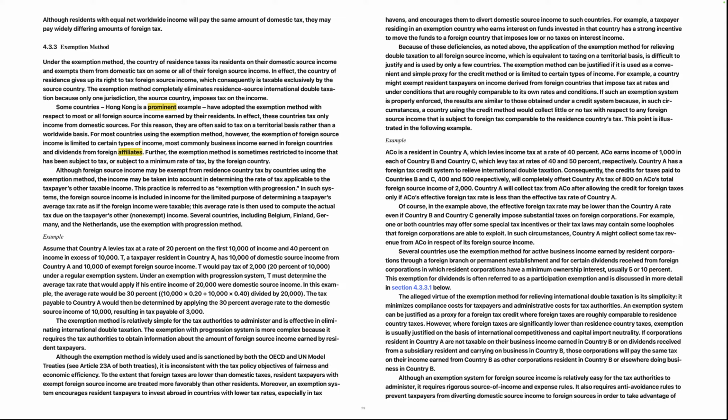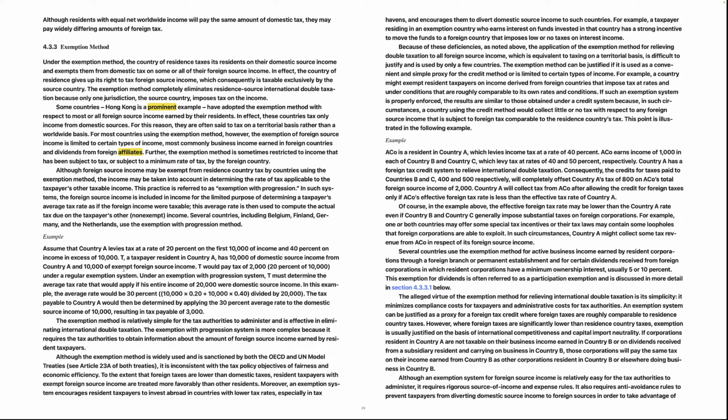Under the exemption with progression system, T must determine the average tax rate that would apply if his entire income of 20,000 were domestic source income. In this example, the average rate will be 30%. The tax payable to country A would then be determined by applying the 30% average rate to the domestic source income, resulting in the tax payable.